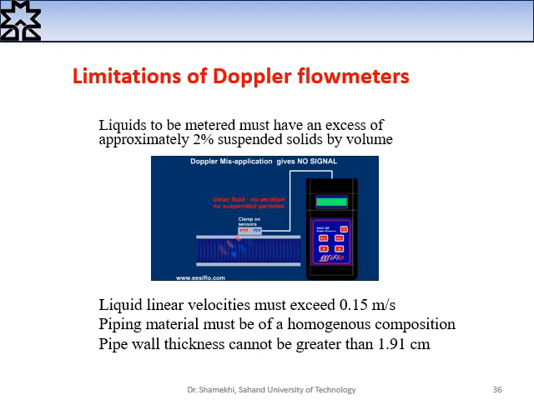And also, liquid linear velocities must exceed 0.15 meter per second. Piping material must be of a homogeneous composition, and also pipe wall thickness cannot be greater than 1.91 centimeters.